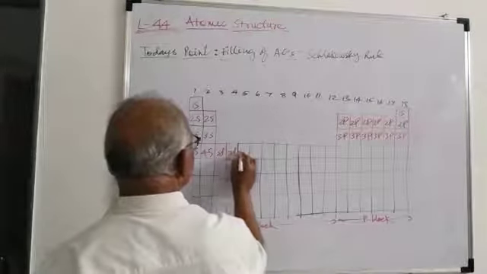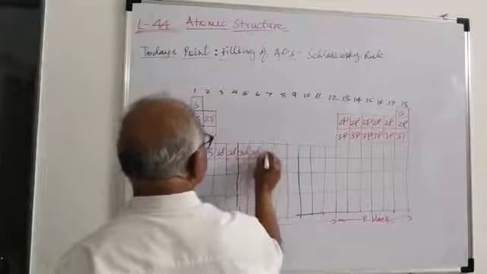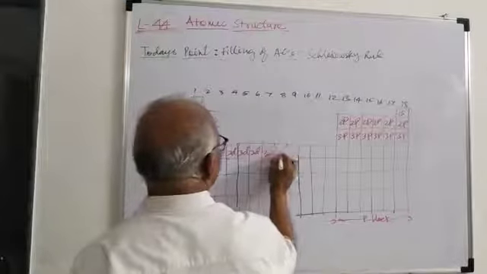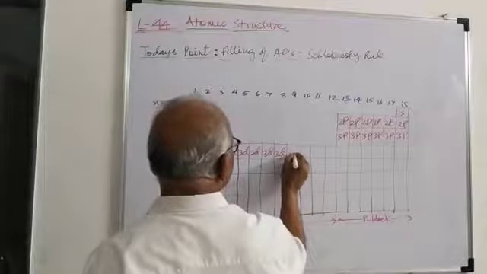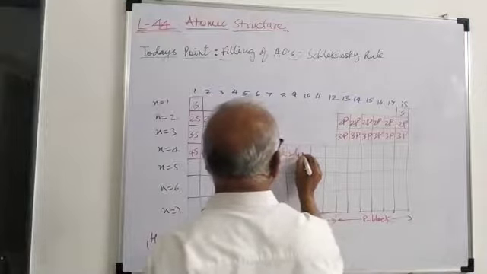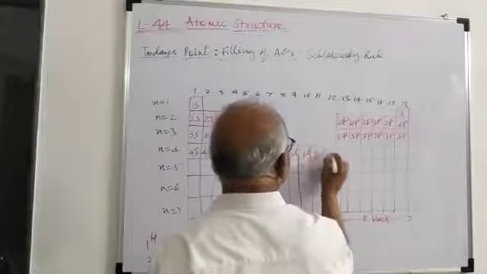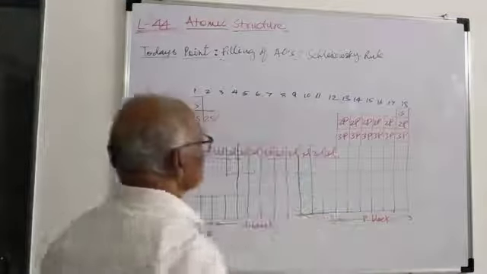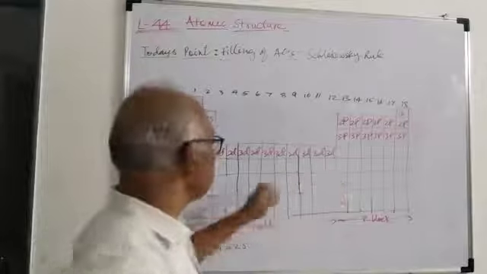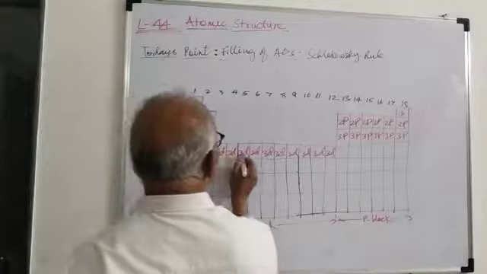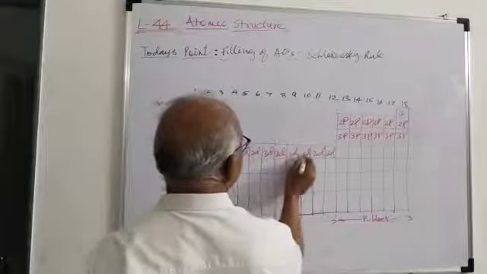So 3d is occupied. There are 10 electrons occupying the space of d orbitals. So 1, 2, 3, 4, 5, 6, 7, 8, 9, 10.